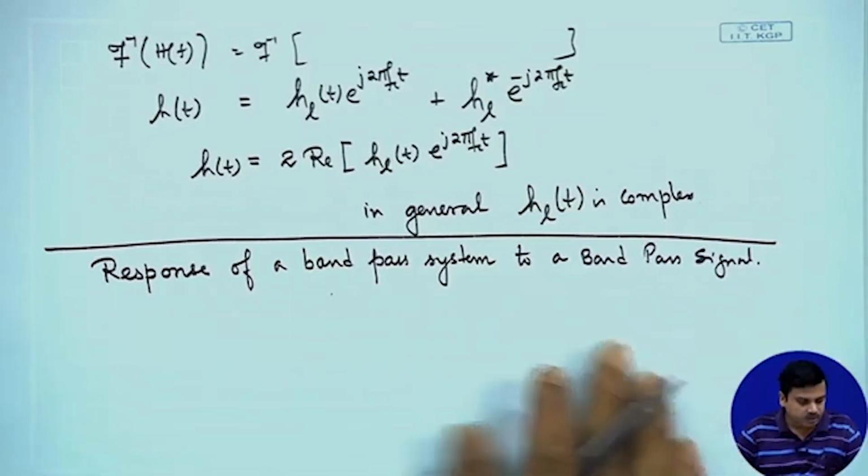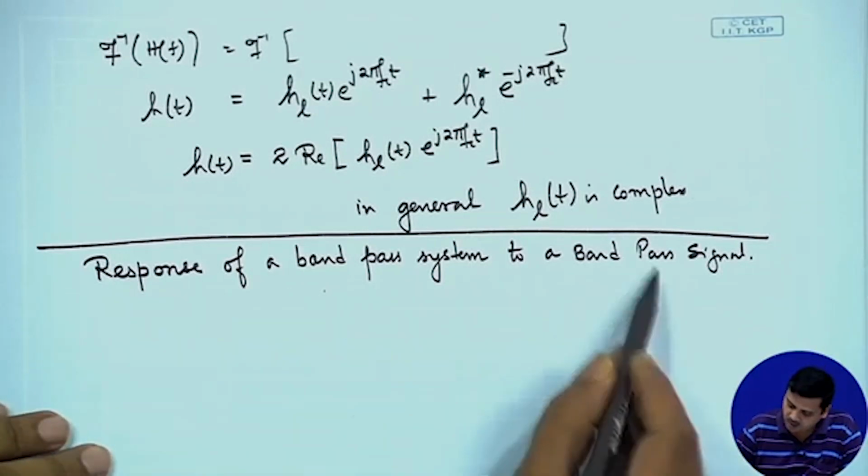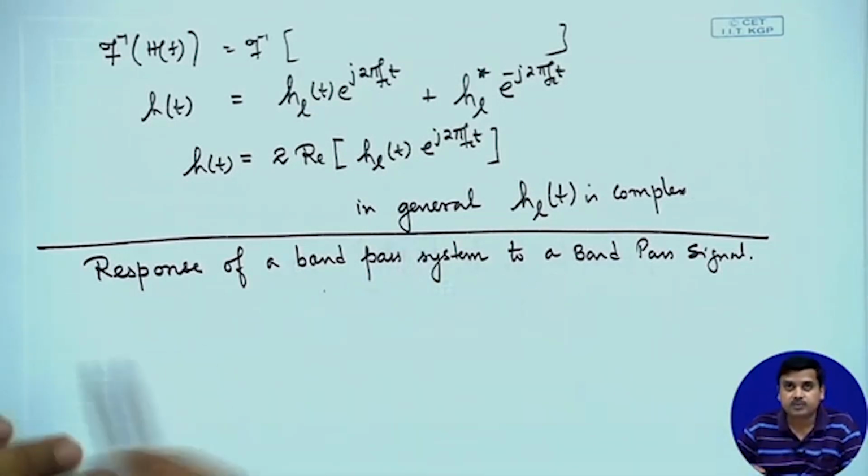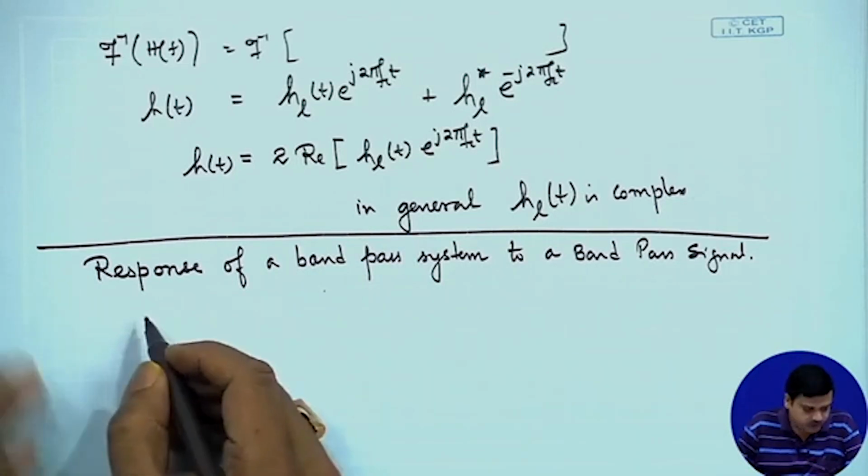So, that means we need to connect these two, and we have to show how these could relate in terms of the low pass equivalent representation. So, let us proceed with this.